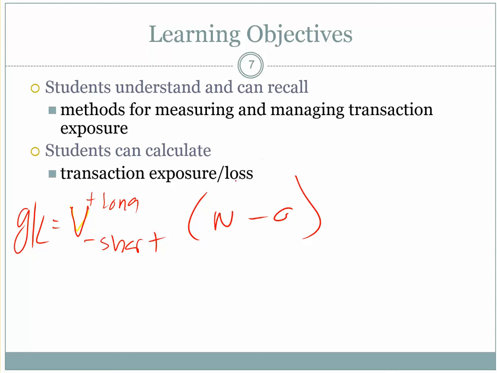Be careful that if this currency is currency X, make sure the new minus old exchange rates are currency Y over currency X. So the X's cancel out and give you a gain or loss in currency Y.